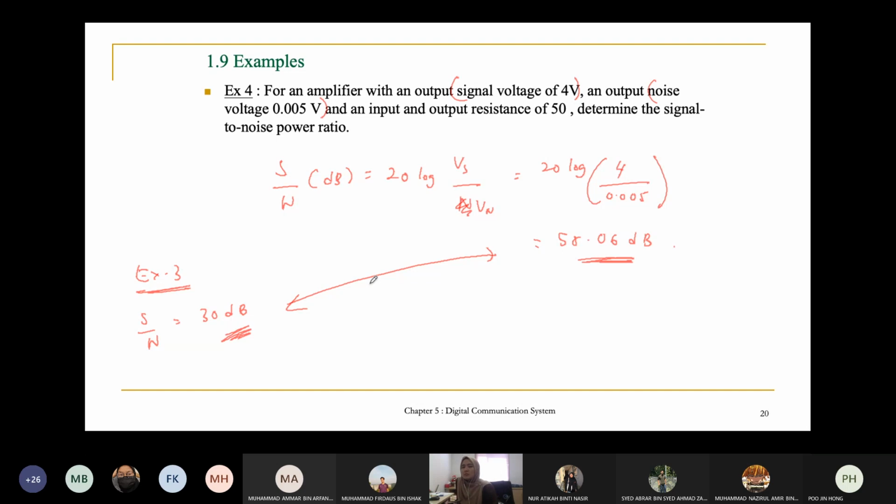Which system in example 3 and example 4 is better than the other? Example 3 or 4? 3. Better. Why 3? 3 because the noise is a bit lower, so it's not going to disturb the system.